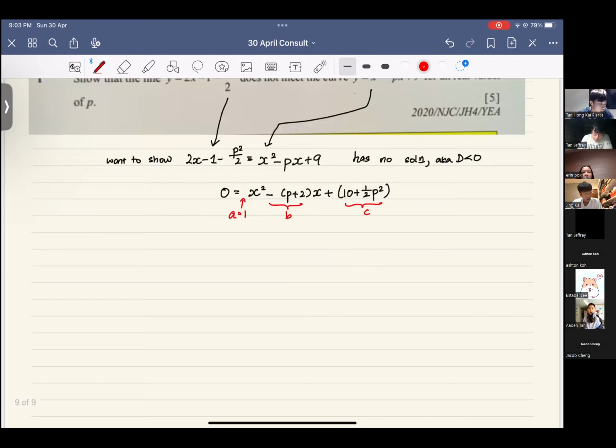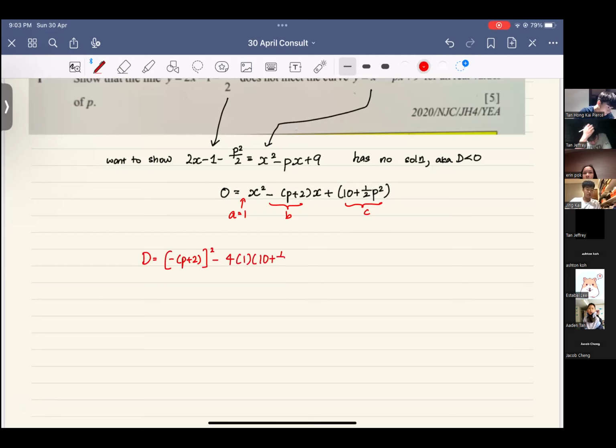This is the same as p squared plus 4p plus 4 minus 40 minus 4 times half is 2p squared. If I simplify, this is the same as negative p squared plus 4p minus 36.